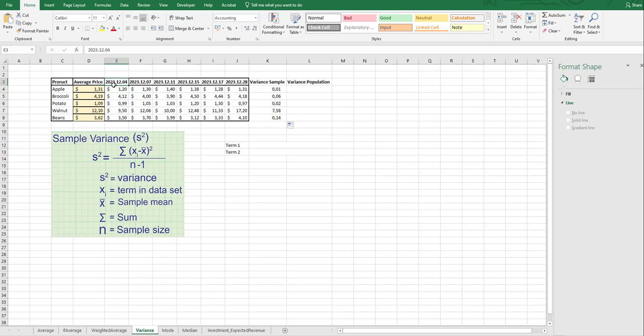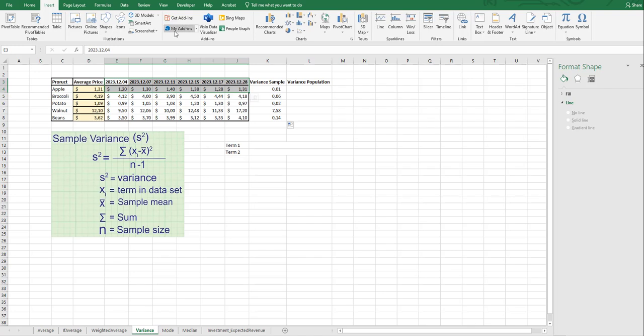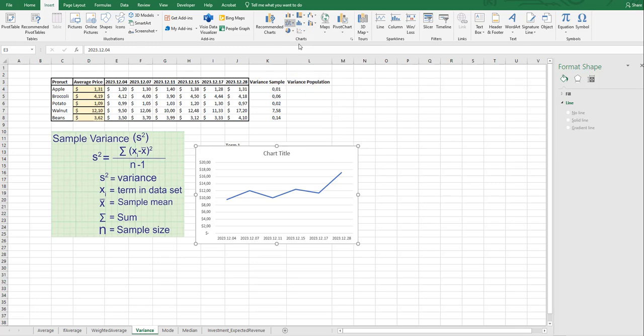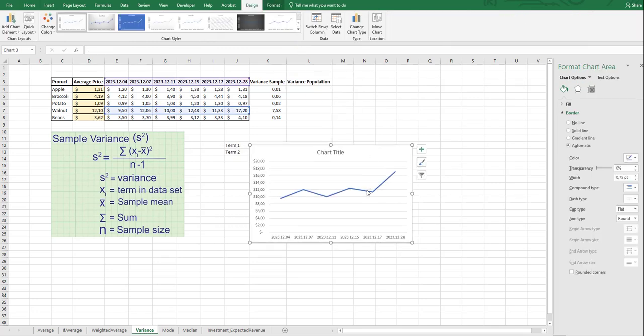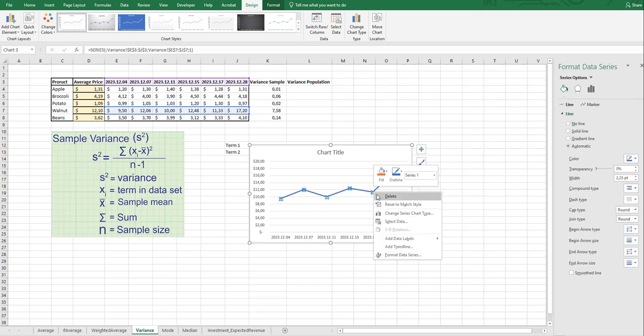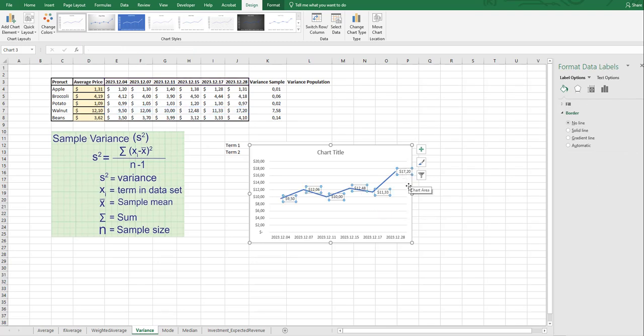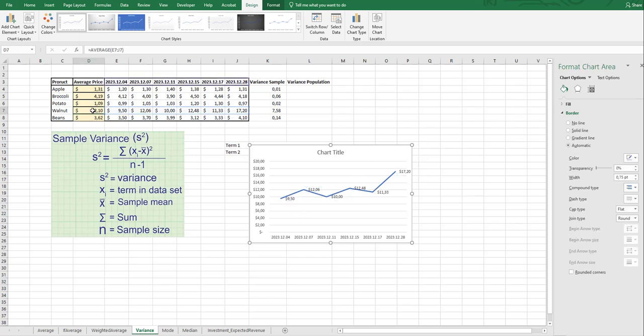Let's take an example. For example, Apple. I will insert, or no, maybe take the walnut, because then we can see more deviation. I will insert a line, and I will add labels, so we can see that the highest price is 17 and the lowest price is 9.5, and the average is 12.